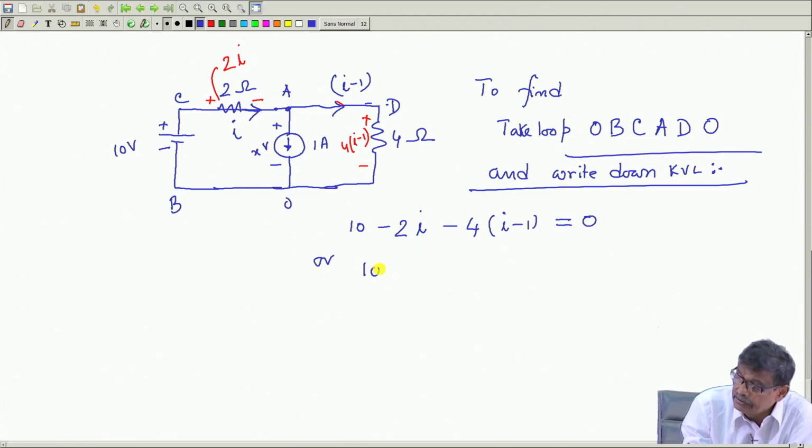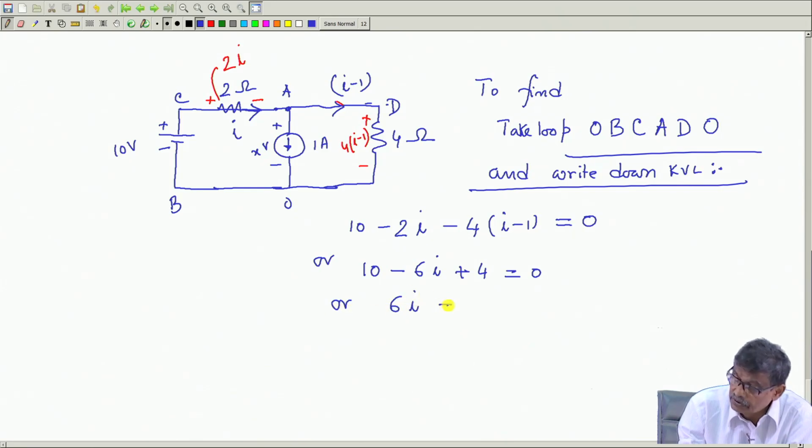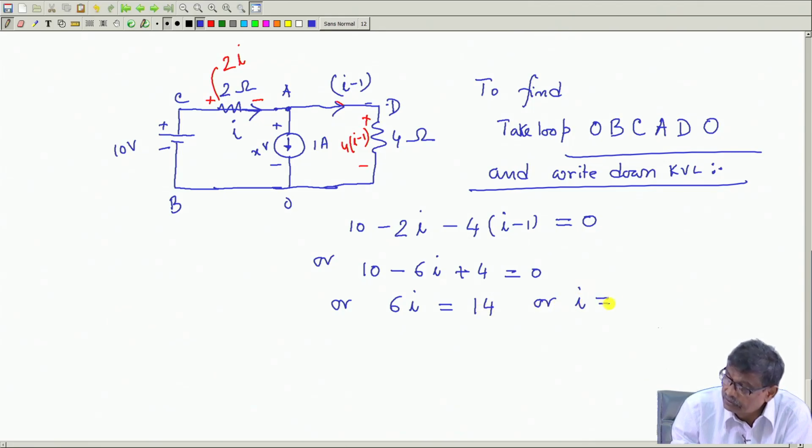So, 10 minus 6 I plus 4 is equal to 0, or 6 I is equal to 14, or I is equal to 14 by 6 ampere.